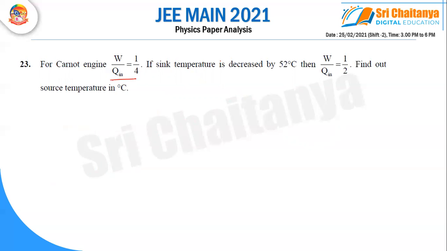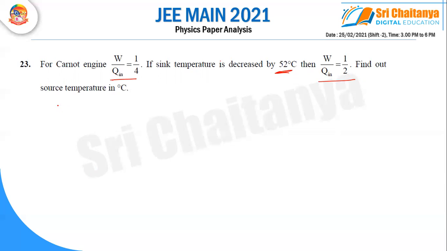The Carnot engine W by Q is equal to 1 by 4. If the sink temperature is decreased by 52 degrees centigrade, the Carnot engine efficiency will become W by Q equal to 1 by 2. Find out the source temperature.